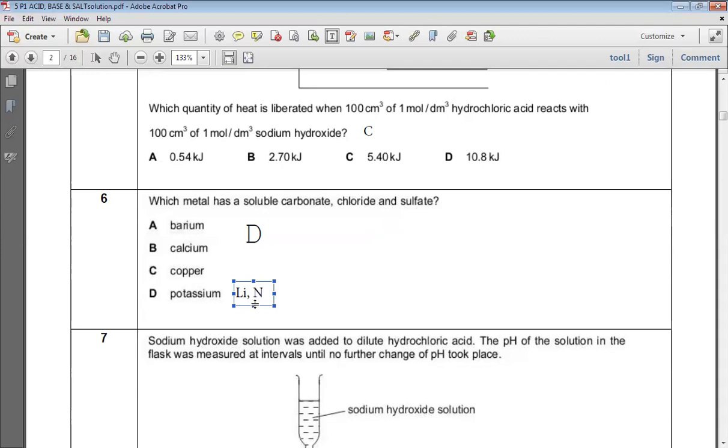But potassium carbonate, potassium chloride, and potassium sulfate, meaning all elements of group number 1, like lithium, sodium, potassium, rubidium, cesium, and ammonium, NH4. These group number 1 metals along with ammonium, their chloride, carbonate, sulfate, nitrate, ethanoate, all types of salts are soluble.